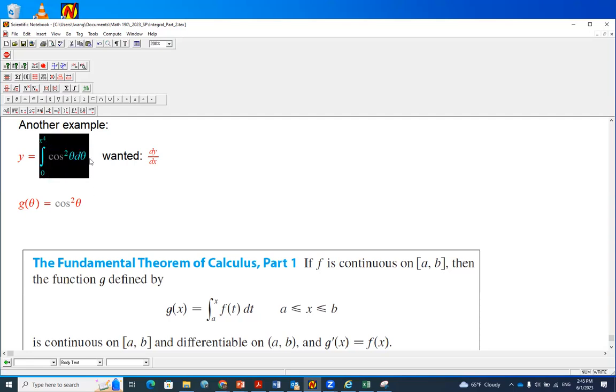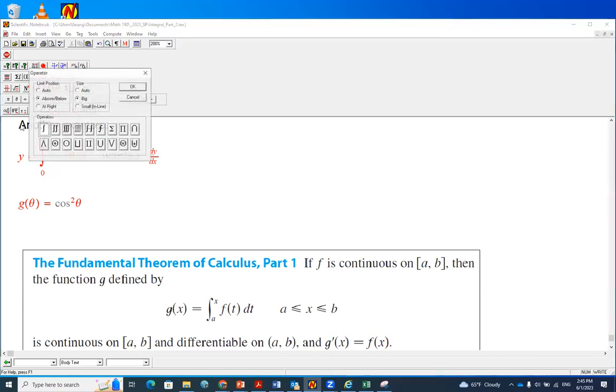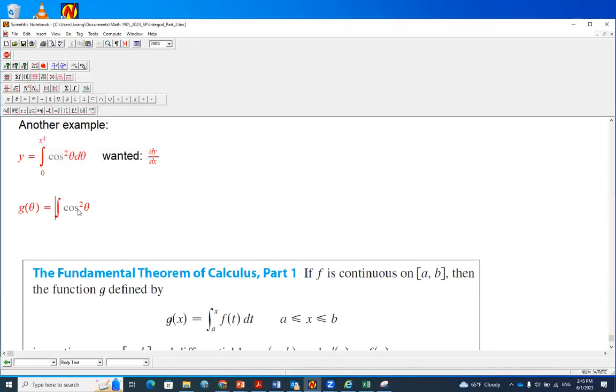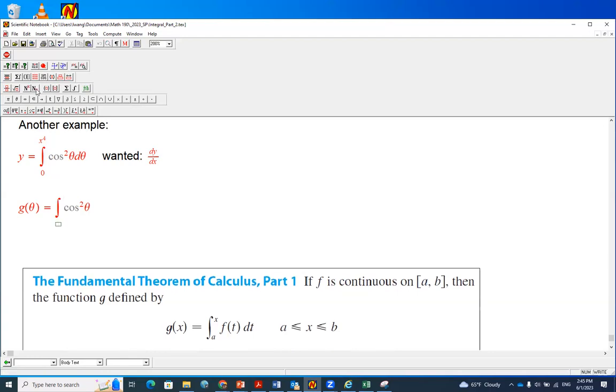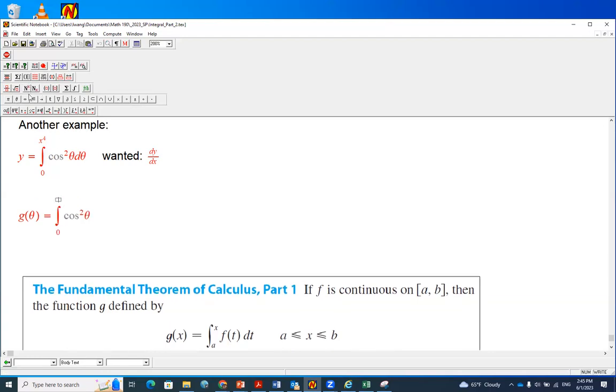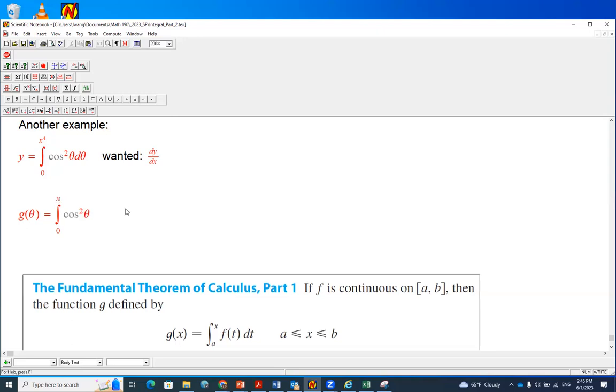The integration from 0 to x of d theta. My g of x is made in a similar manner as in the theorem, from a to x, and this will be x.